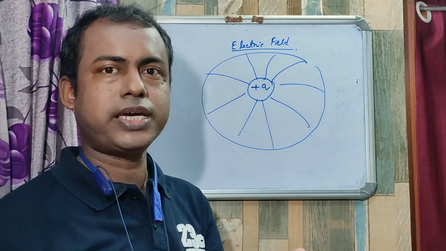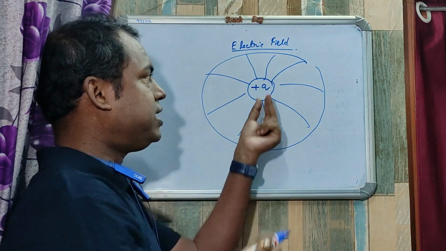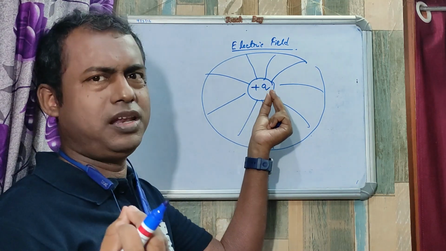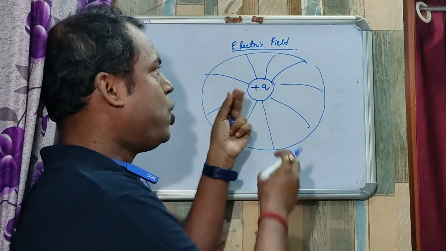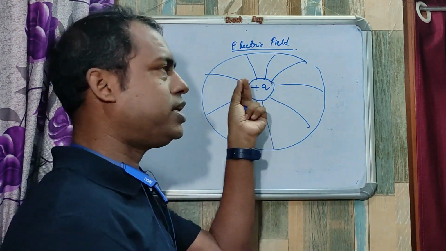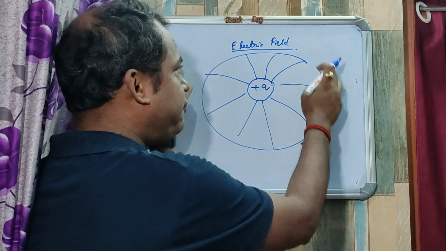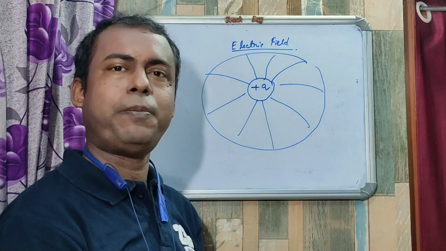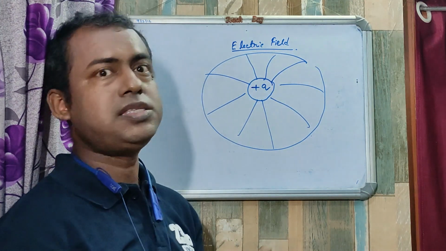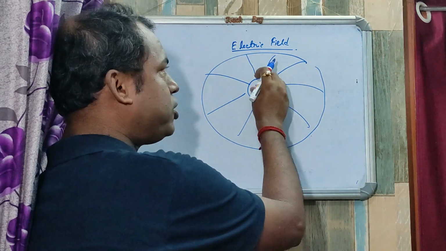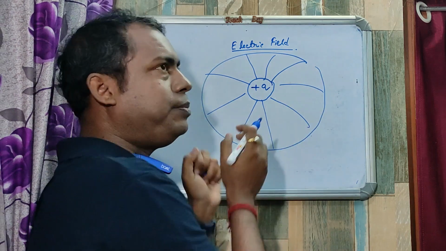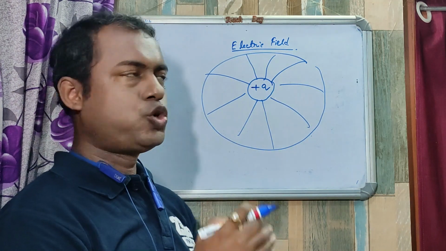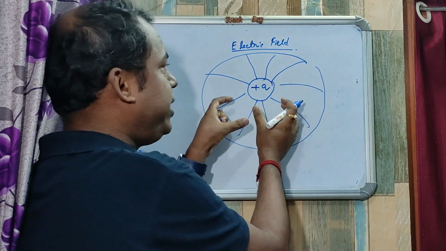So we repeat once again. We consider a plus Q charge placed at the center, and around it there is a change in the properties. What is meant by properties? Since the charge is positive, it gives a positive field surrounding it.